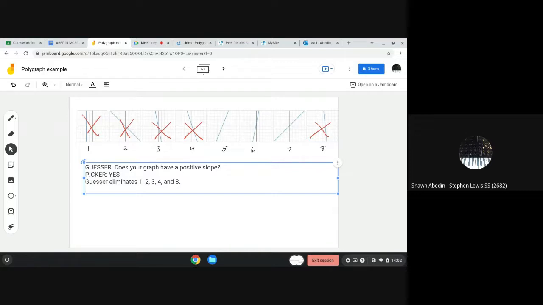I think now what we can do is say the following. Let's say the guesser asks the following question. Does your graph have a y-intercept of 0? Picker answers? No.